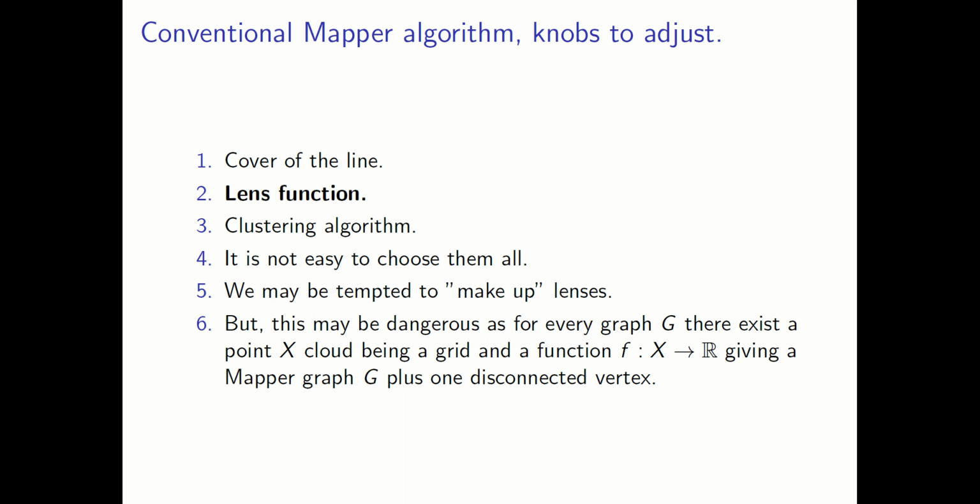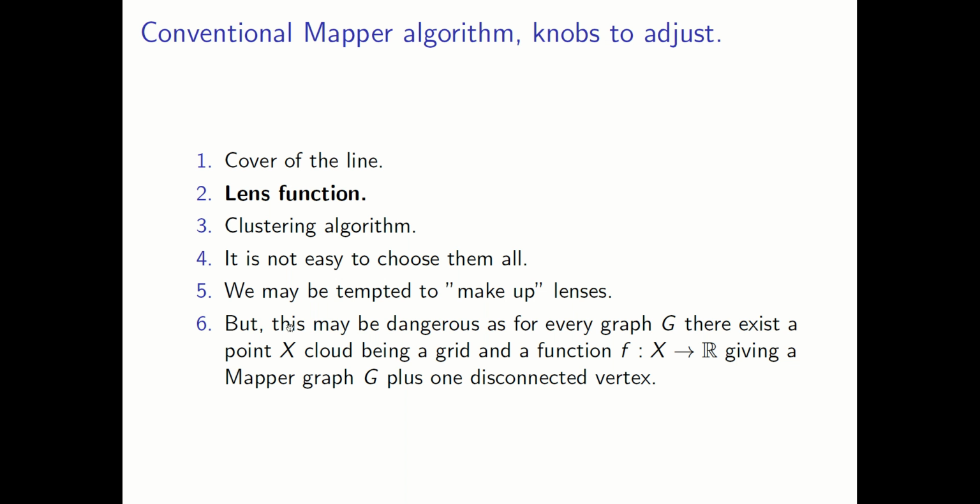Sometimes we may be tempted to make up some of the parameters, especially the lens function. Let me just say that this may be dangerous, and I won't be able to show you the full construction, but the following statement is true. Think of your favorite graph G. It can be any graph you want.